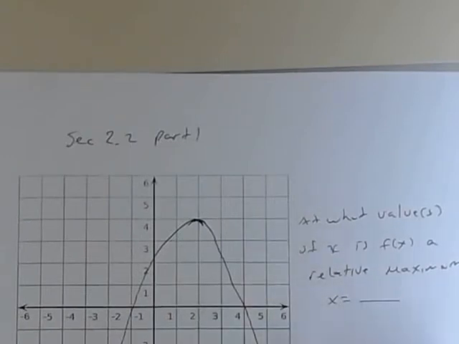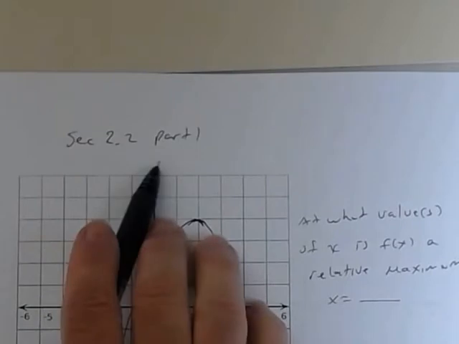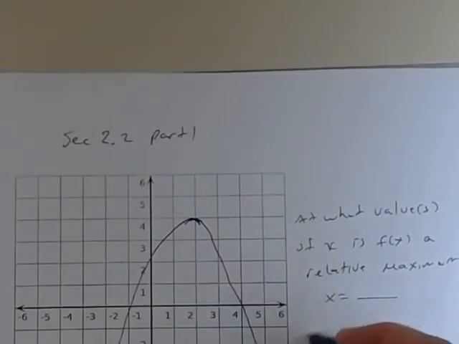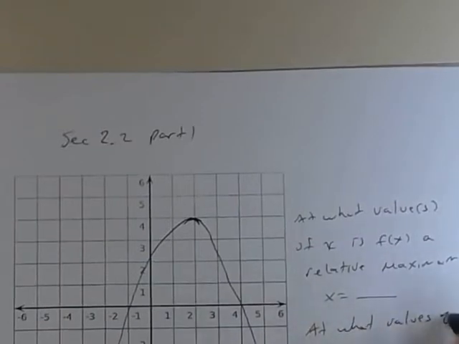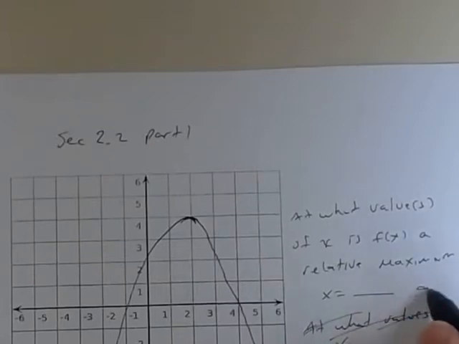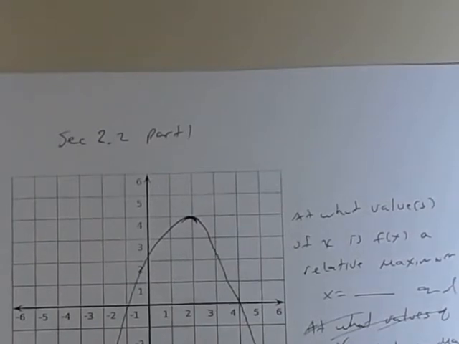If you look at that worksheet 2.2.1, it looks something like this. Actually, sorry, I'm going to rephrase it. It'll say, and the relative maximum is blank. All right, so go ahead and write that.